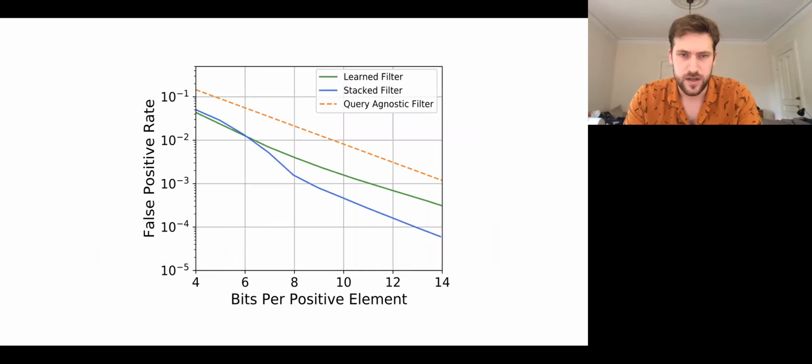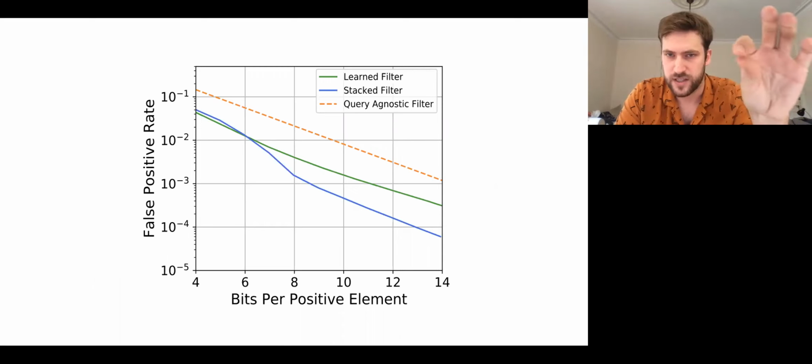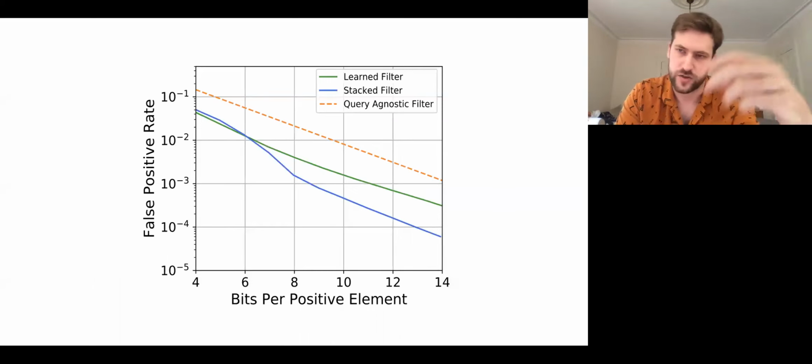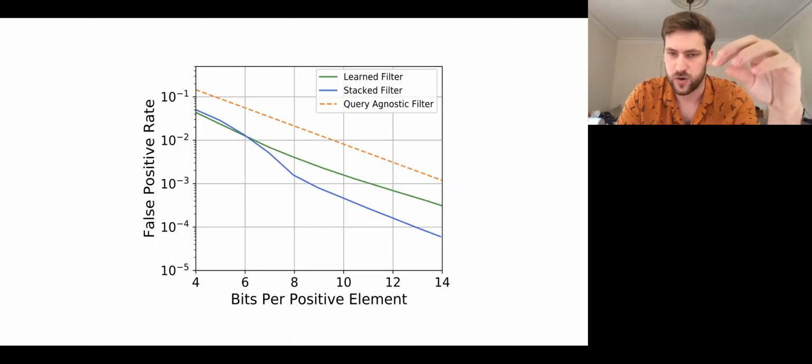Cool. So in terms of false positive rates for size, blue is the stacked filter, green is the learned filters, and then the query agnostic filter, which you can think of as, in this case, I think it's a Bloom filter, is the dotted orange line. And you can see that as desired, the blue line is much, much lower than the query agnostic filter.